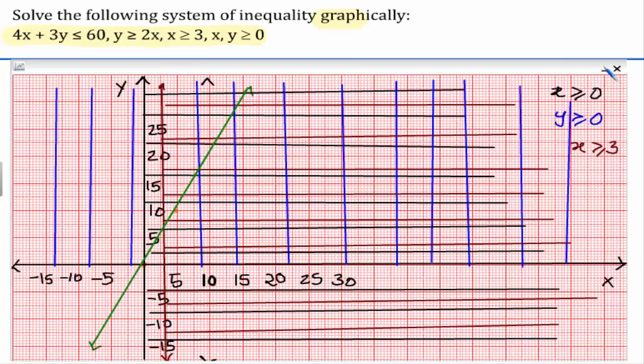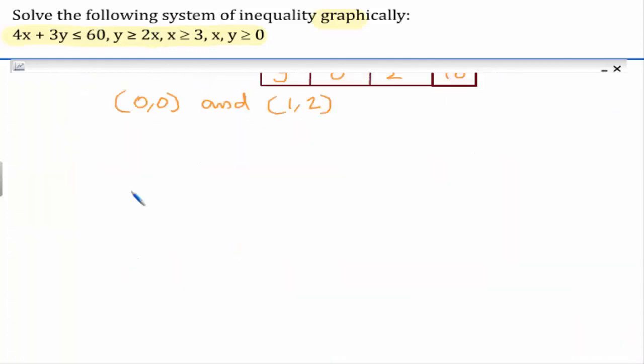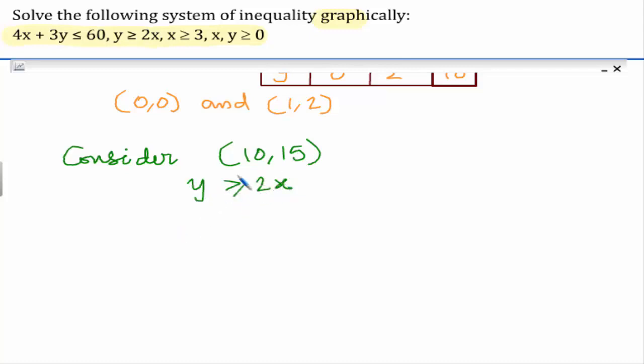Now to select the test point, here you cannot select the origin. So let us consider the point (10, 15). The inequality is y greater than or equal to 2x. If I substitute 15 in place of y and 10 in place of x, we will get 15 is greater than or equal to 20, which is false.